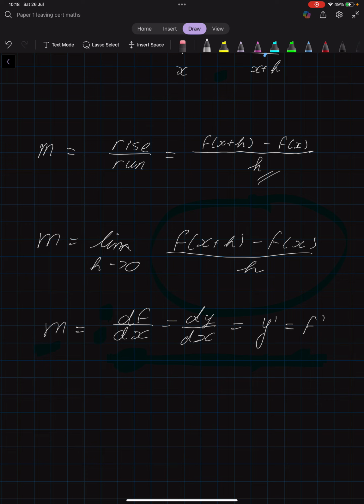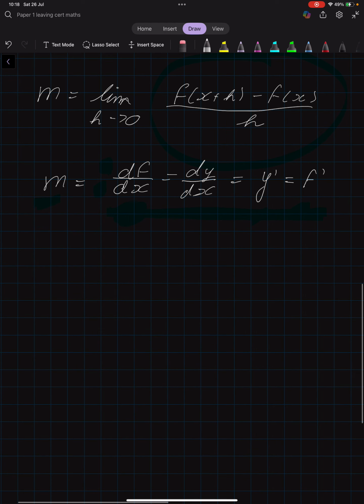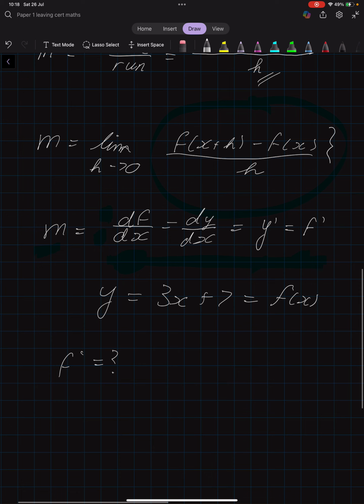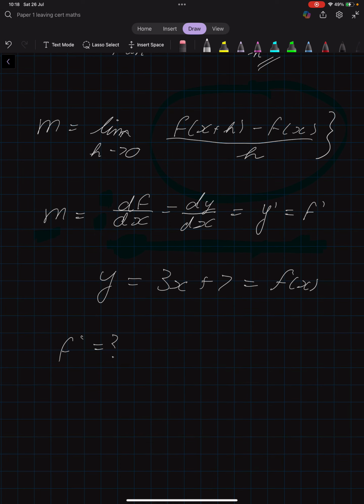Okay, so now, if I said y equals 3x plus 7, or f of x equals 3x plus 7, and I asked you, what is f prime? We're going to use this formula up here, okay? So, it's equal to the limit.